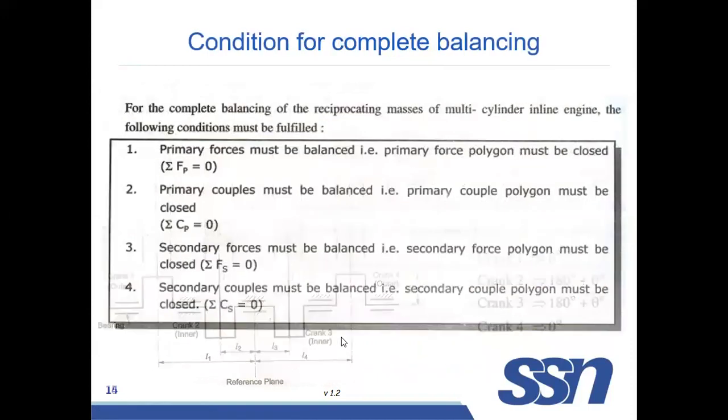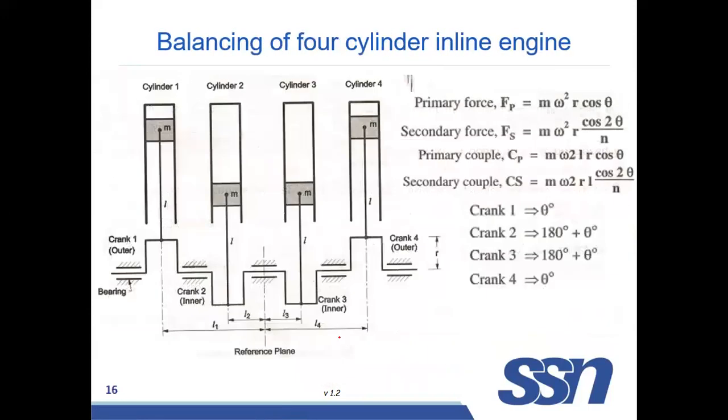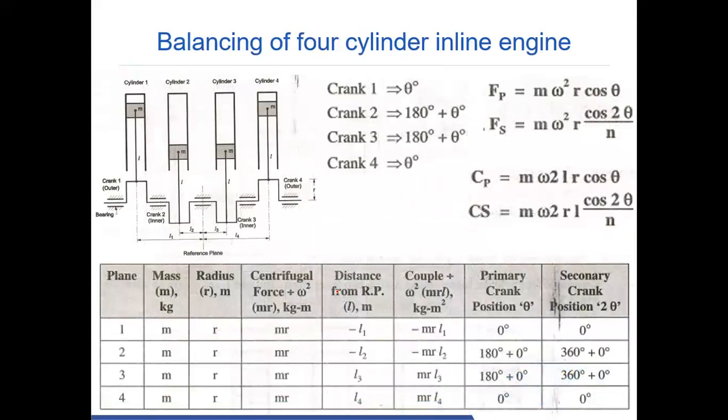Now let us see how to draw the table. If you see the primary force, it is almost similar to the centrifugal force created by the crank. Take a crank like this, with this center point about which it is rotating. This is a mass m, this is a radius r, the angle is theta, and the angular velocity is omega.